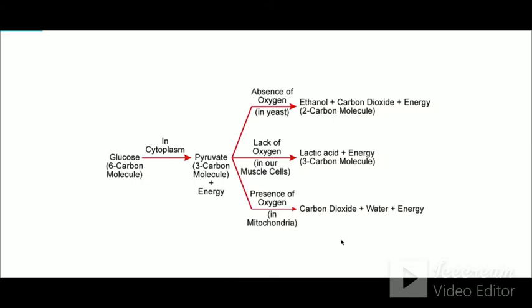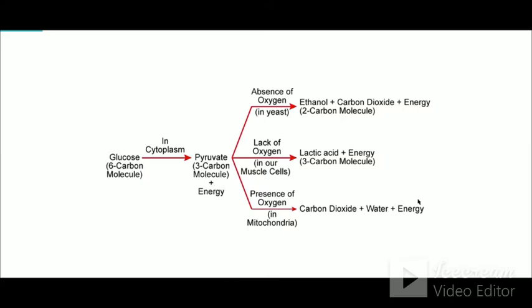When the organism or the cell has enough oxygen, like in mitochondria, carbon dioxide, water and energy are released. Here ATP is in a greater proportion compared to the ATP in yeast, because there is presence of oxygen. Here also the 3 carbon molecule remains a 3 carbon molecule.